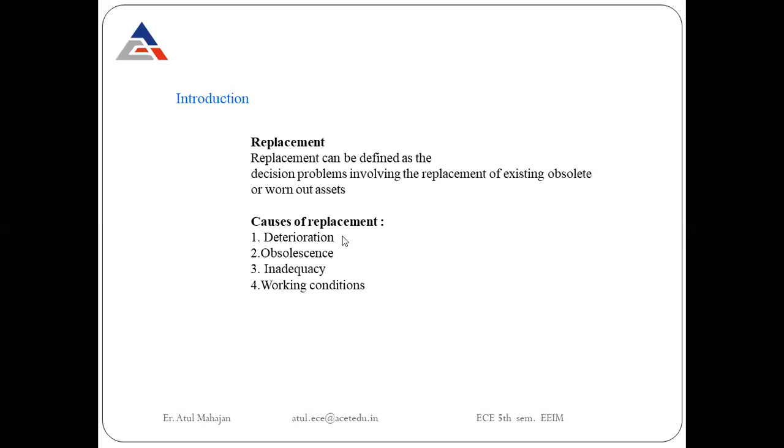So those products are termed obsolete products, and producing those products is of no use in today's scenario. So we need to replace those products with new products, and new products can only be manufactured when we buy new machines or replace the old machines with new machines.